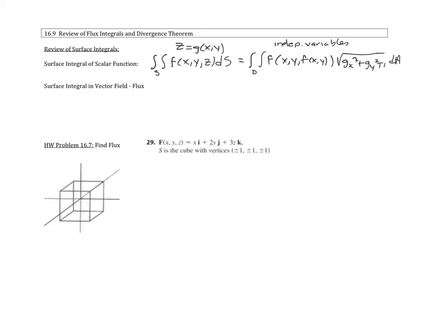Then last time what we talked about is an application of this, and the application was called flux. And officially what we're doing is we're taking F and dotting it with the unit normal dS.